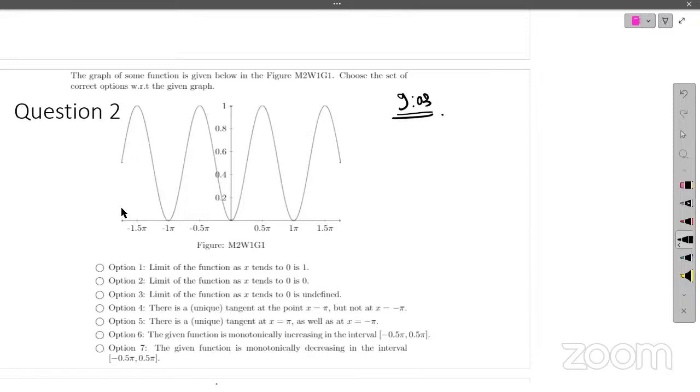The word monotonically means what? Monotonically is just a word for saying the nature of increasing and decreasing. You can just assume increasing.